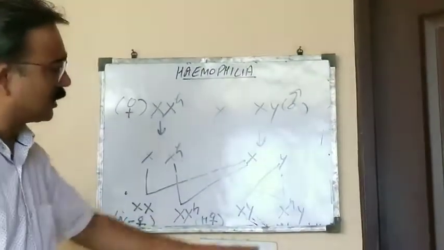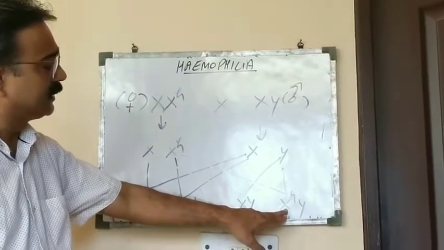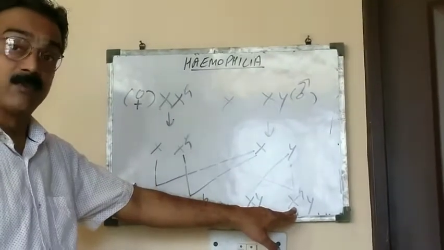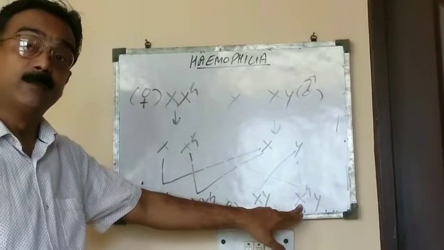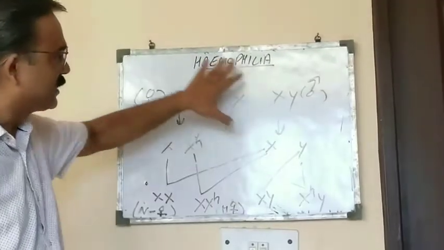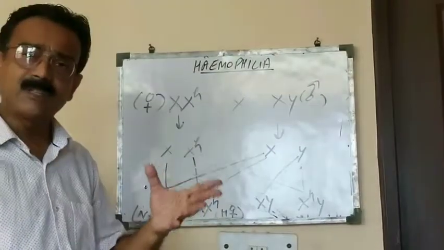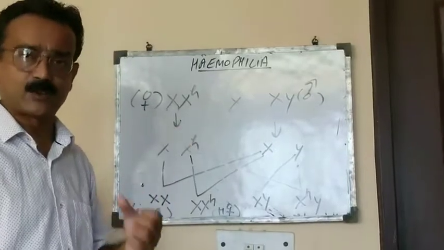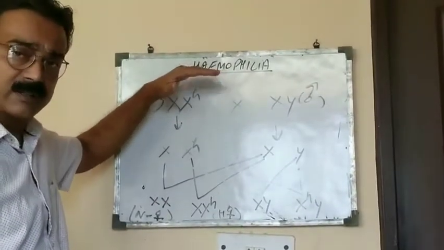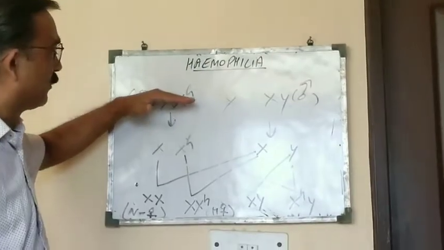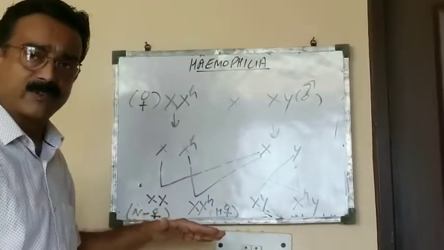Now in this you are observing that X is carrying the hemophilic disorder, so the born male baby will be hemophilic. So this is a cross through which I explained how this sex-linked trait disorder transfers from the parental generation to offspring.